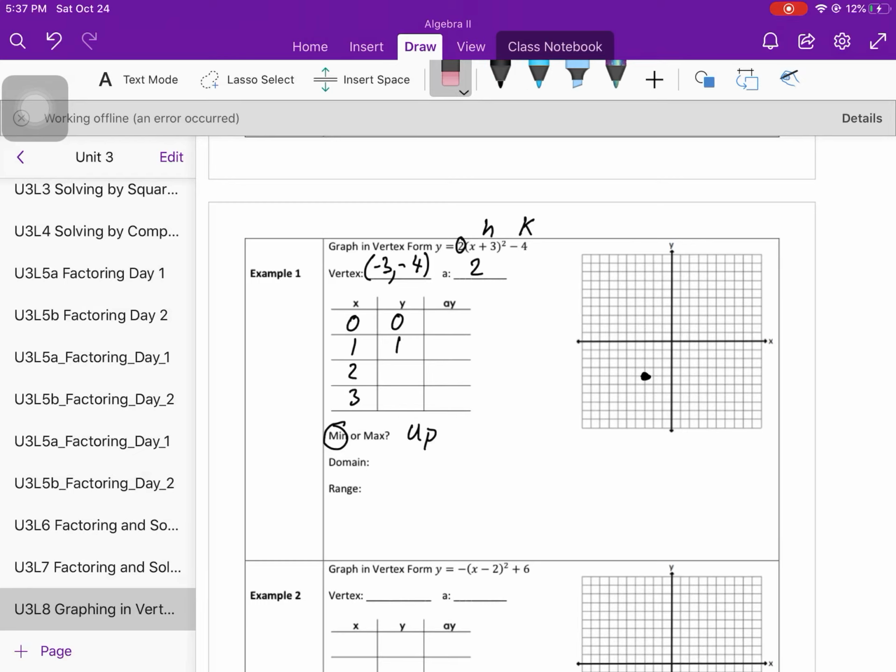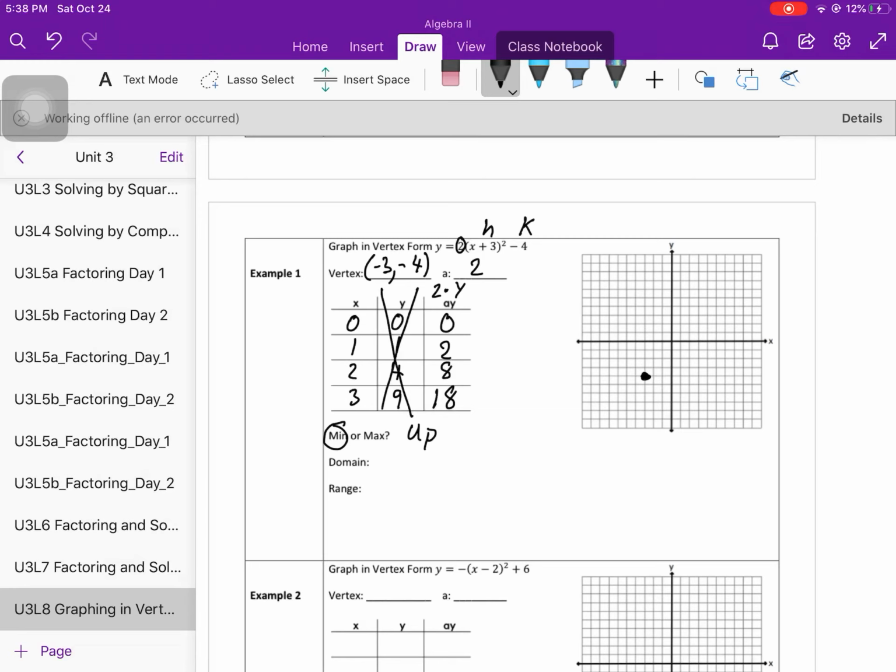0, 1, 4, because I square the x value, and 9. Now the a value is where you multiply the a, which in this case is 2, times y. So 0 times 2 is 0, 1 times 2 is 2, 2 times 4 is 8, and 2 times 9 is 18.